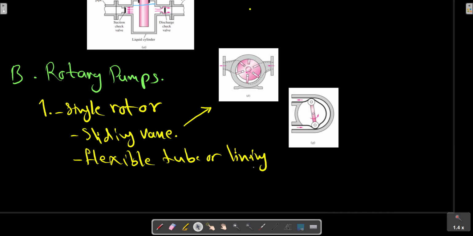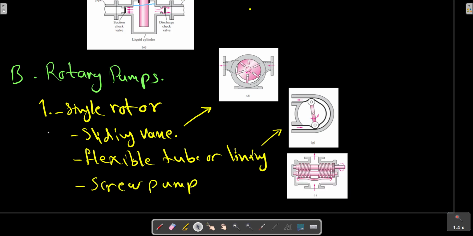Such as this pump, and the third one is screw pump, such as this picture.